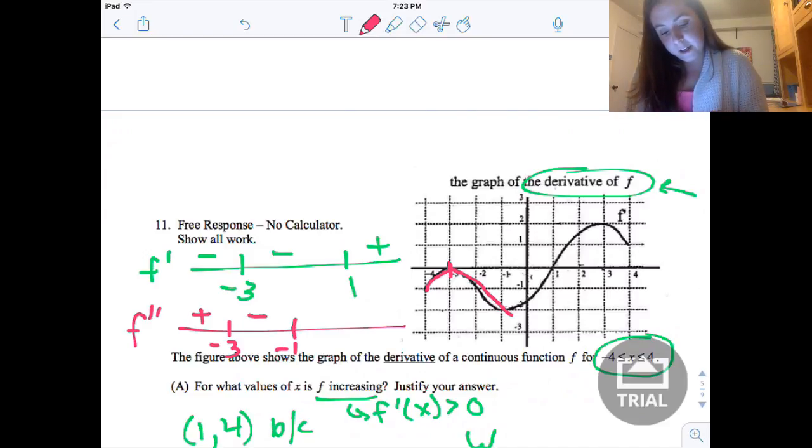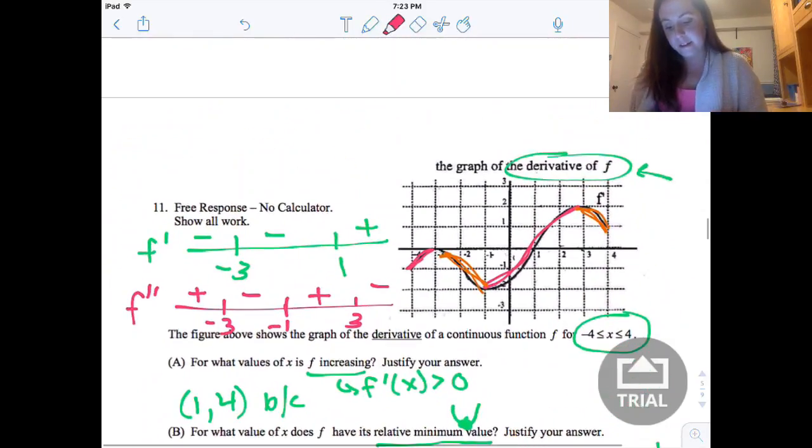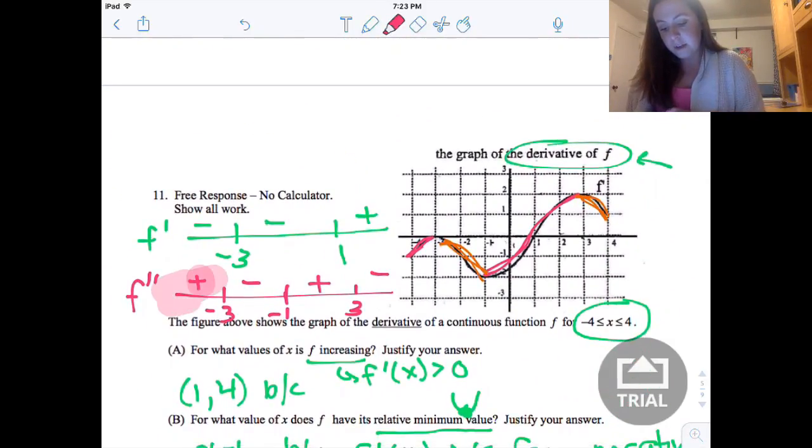From -1 to 3, it is increasing. And from 3 to 4, it is decreasing. So my periods of increasing and decreasing, I go increasing, increasing, decreasing, decreasing. And so concavity, right, concave up, you're looking for where the second derivative is positive. So my concave up intervals would be -4 to -3.